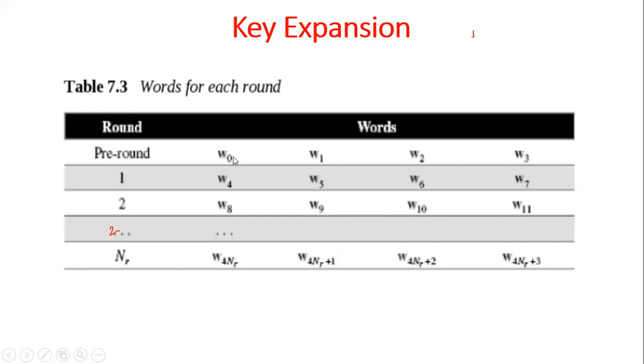One word is of size 32 bits, 32 into 4, that is 128. So pre-round means before entering the round, we simply add the round key with the plain text. So it increases the number of keys by 1. So pre-round and then the number of rounds, so the total number of round keys is Nr plus 1.